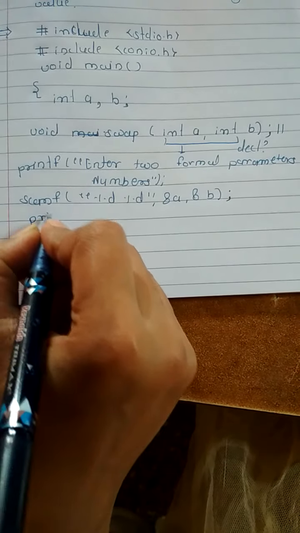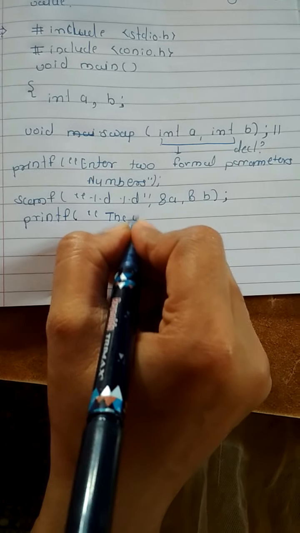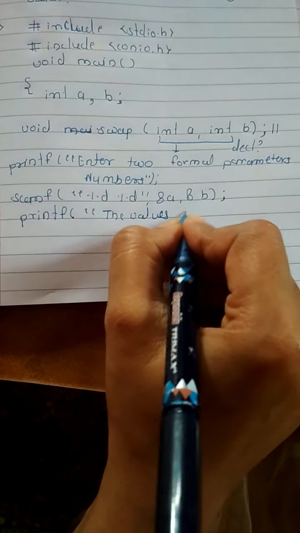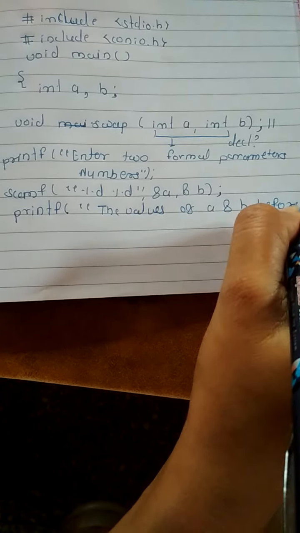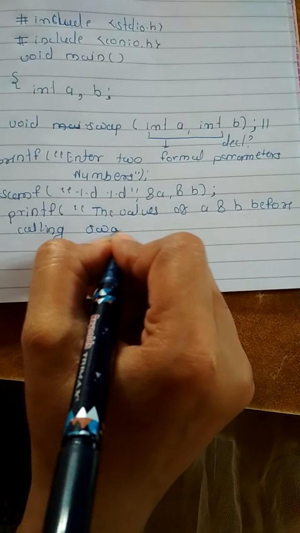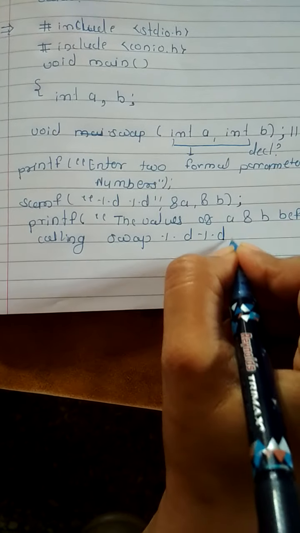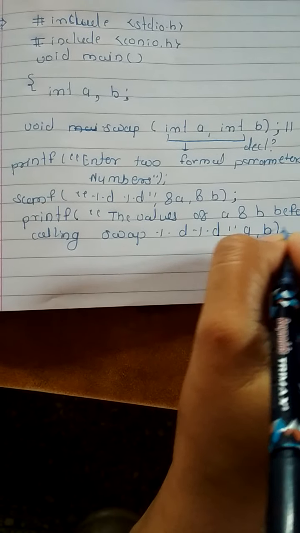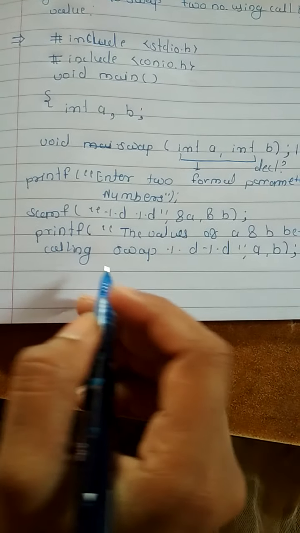After that, we print the message of the values of a and b before calling the swap function, with %d for a comma b.